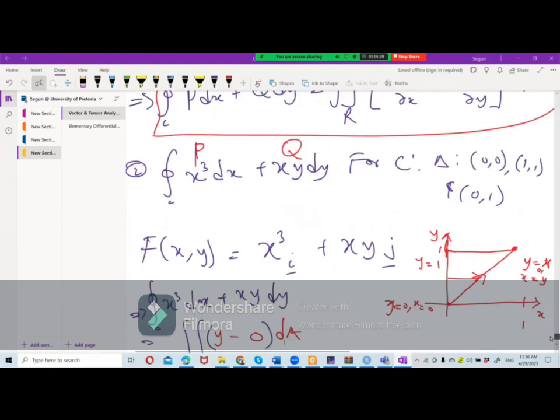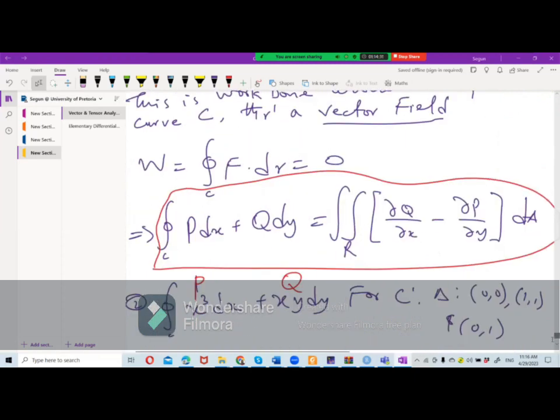Remember what your formula says. Our formula said the q dx. This is q. Did I say differentiate with respect to x? What do you have? You have y, because x will be 1 multiplied by this will be y.